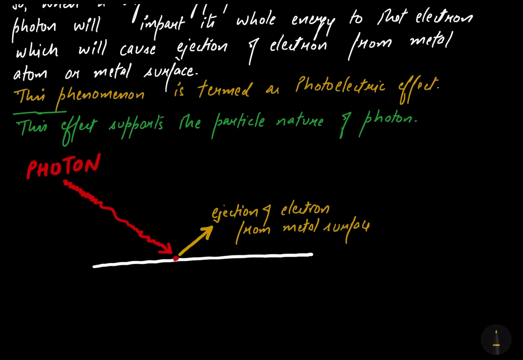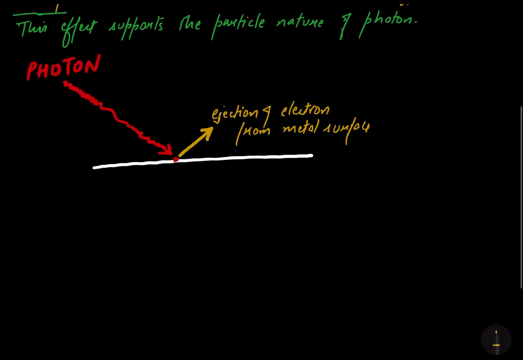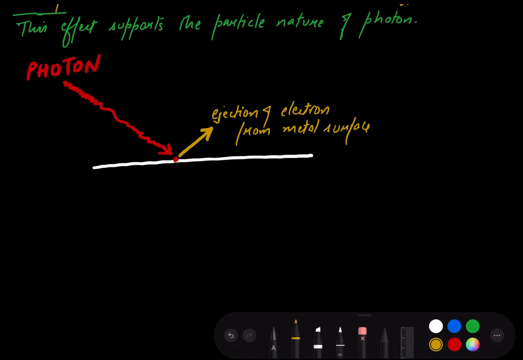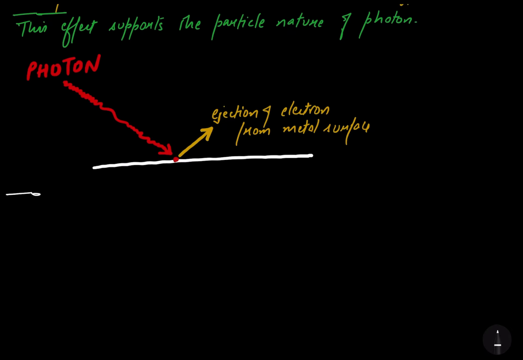So now let's talk about some more terms which we are going to use in this topic. The minimum energy that a photon must possess to eject electron out from the metal surface is called the work function of that metal atom.